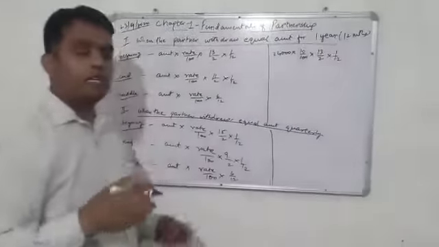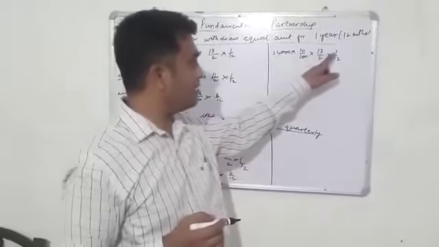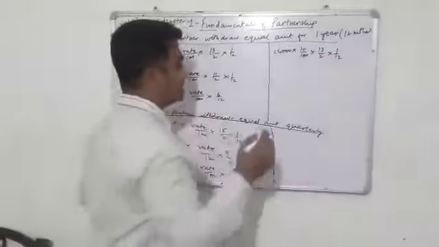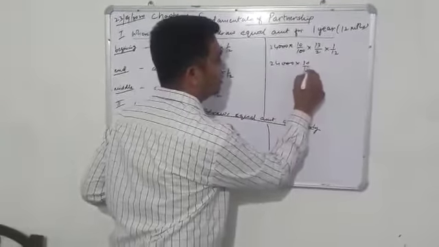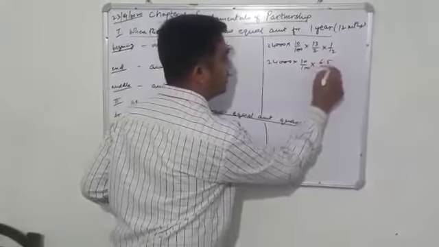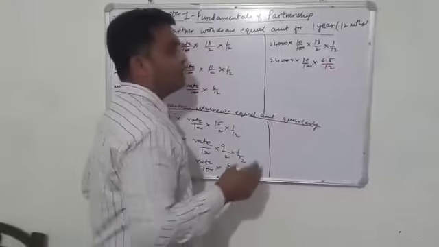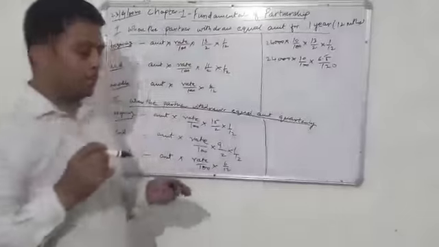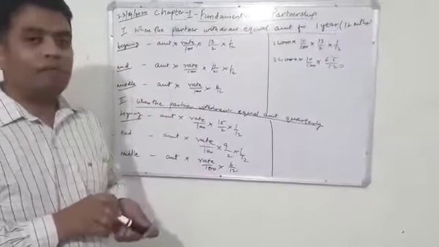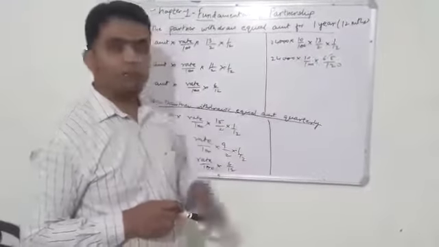In your book, D.K. Goel, there is 6.5. The formula given in your book is 24,000 into 10 upon 100 into 6.5 by 12. There will be a lot of calculation, so I made it simple. I made it 13 by 2.